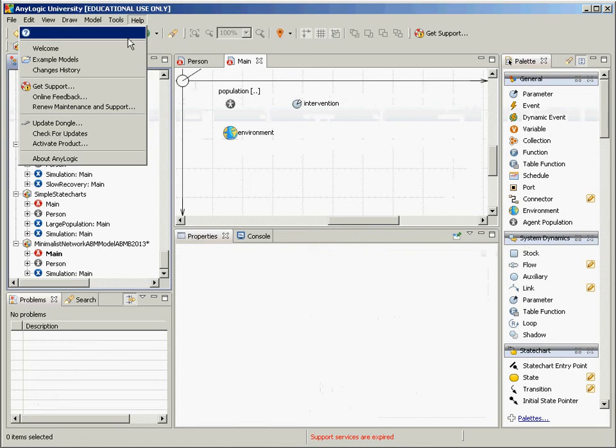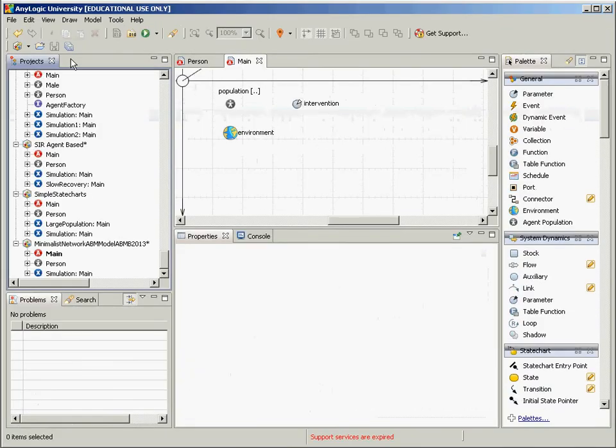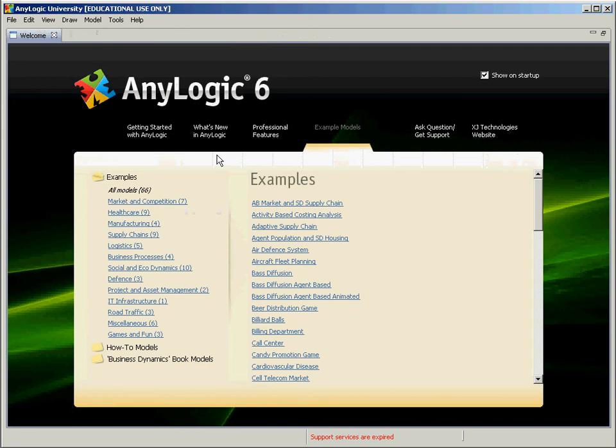So maybe what we'll start with is, if we go to Help, AnyLogic Help, excuse me, I didn't mean to do that. Okay, close that. I meant to go to Example Models. Help, Example Models in AnyLogic, okay? We should see this splash screen with which you acquainted yourself in the very first exposure to this class.